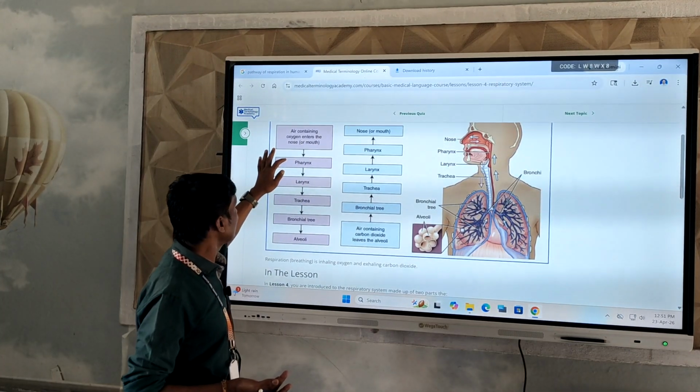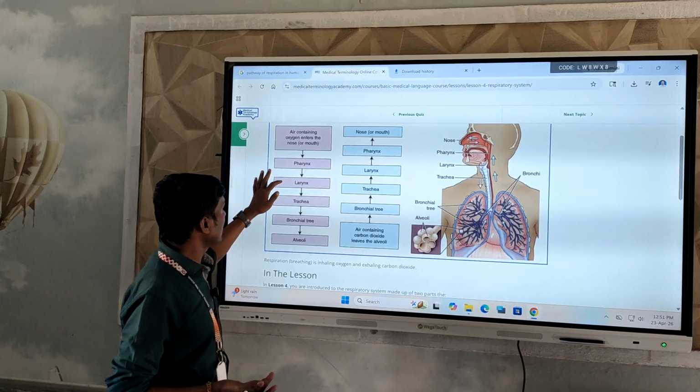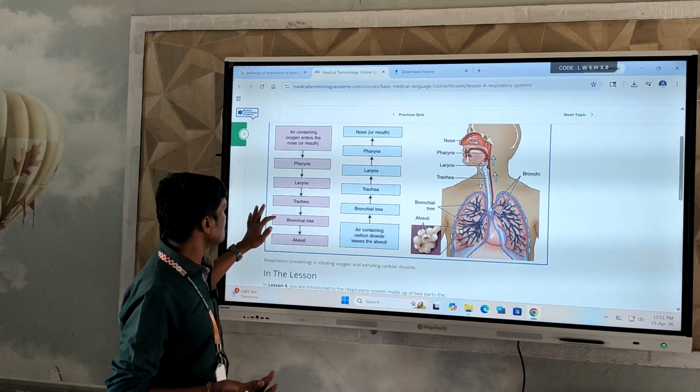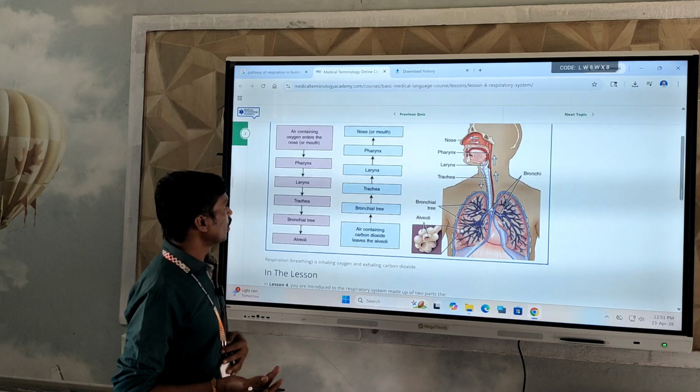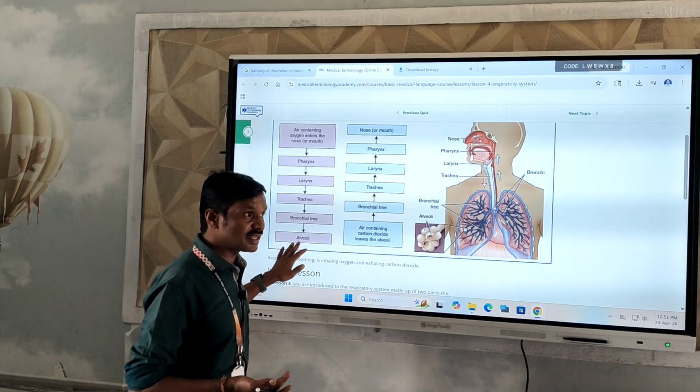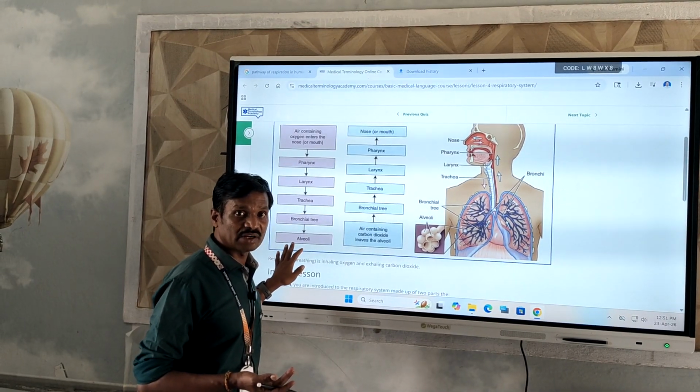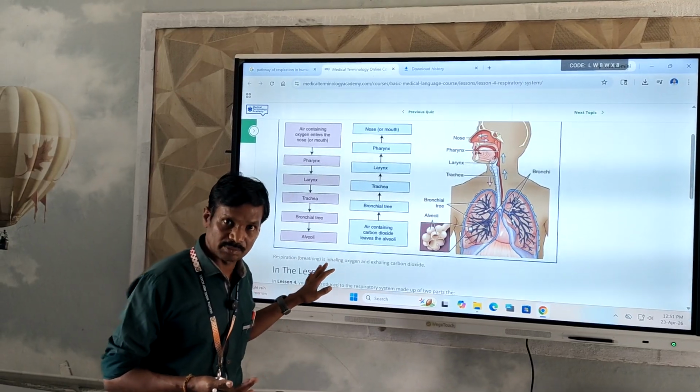After the nostrils come the nasal cavity, pharynx, larynx, trachea, bronchial tree and alveoli. These are the major structures involved in the respiration mechanism.